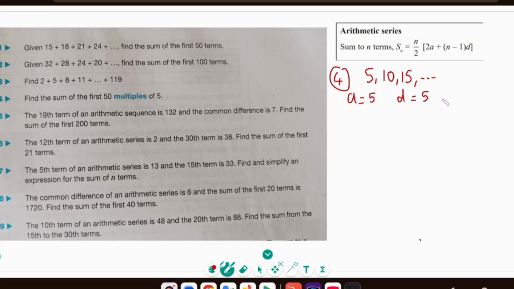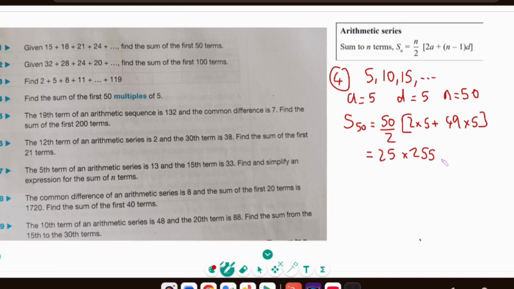We're getting the first 50 terms. 6,375.